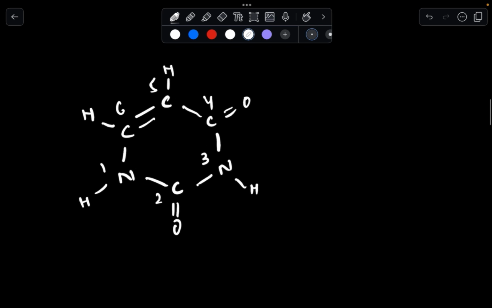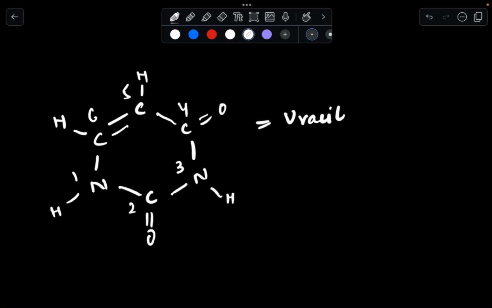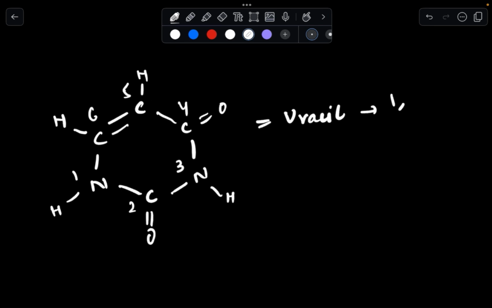So look at this uracil: the 1st and 3rd have nitrogen, the 2nd and 4th have C double bond O, and the 5th and 6th have nothing.